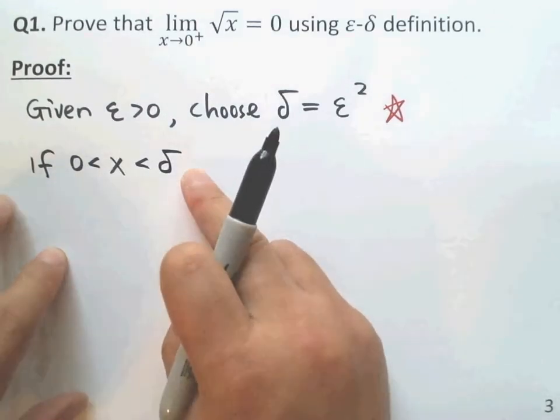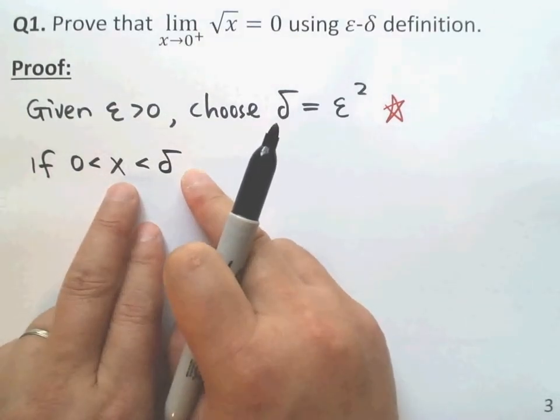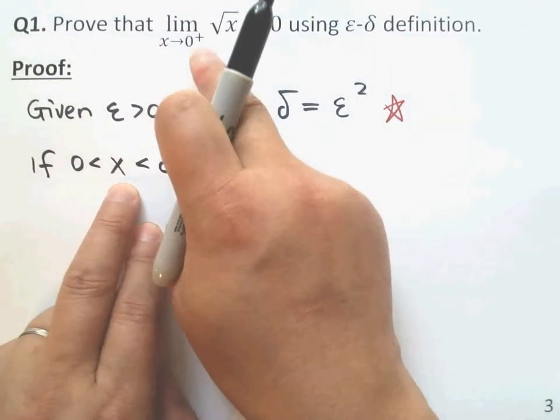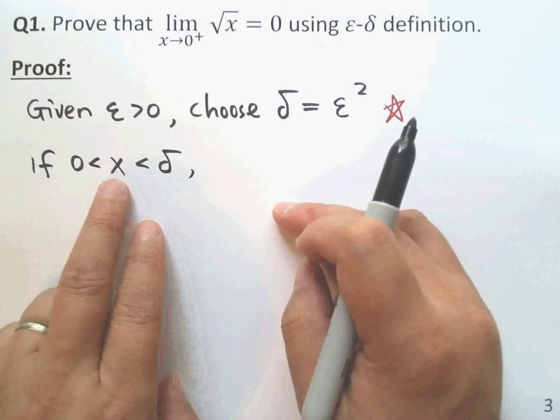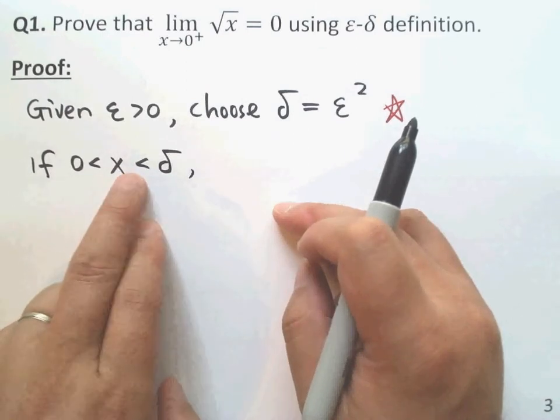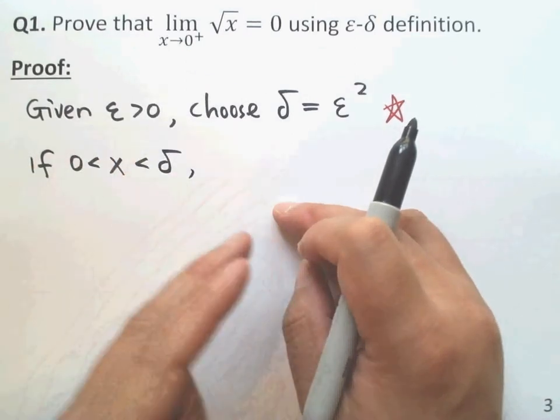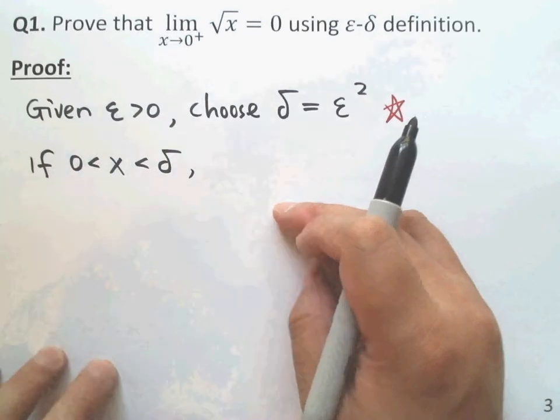Why don't we have an absolute value? Because this is the right side. This means when x is going to the delta neighborhood of 0, x minus 0 on the right side, which means x from 0 to delta. And then what do we have?